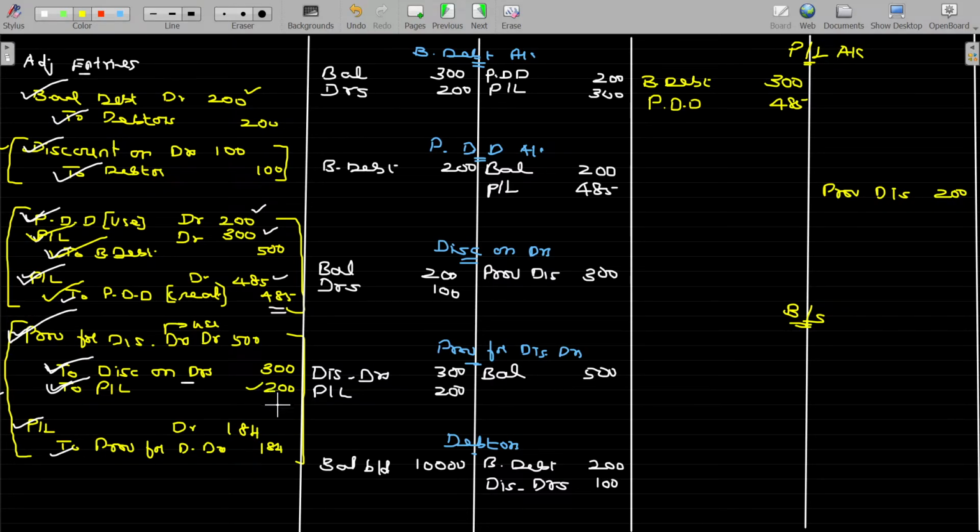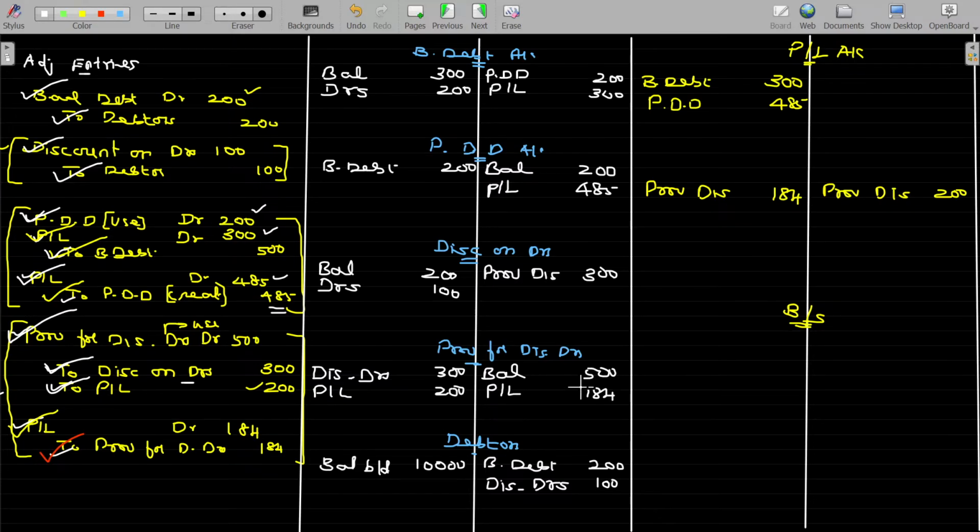Its own value should be posted. Similarly in discount on debtors, 300, correct. Then in P&L account, to provision for discount on debtors 184. And in provision for discount on debtors, by P&L account 184.